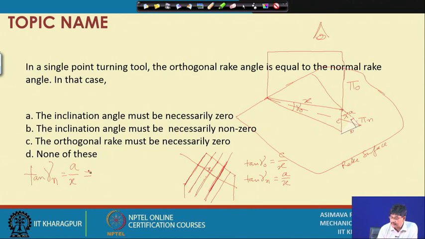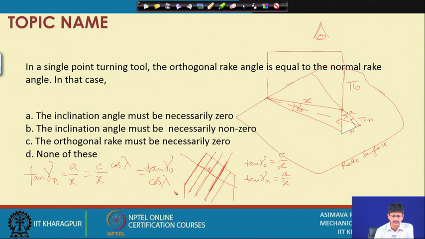Now let us replace E. This E must be a component of C, C cos lambda, so it is C cos lambda by x, and C by x is nothing but tan gamma O. So, we have this as tan gamma O cos lambda. Once this is proved, we can tackle this question.